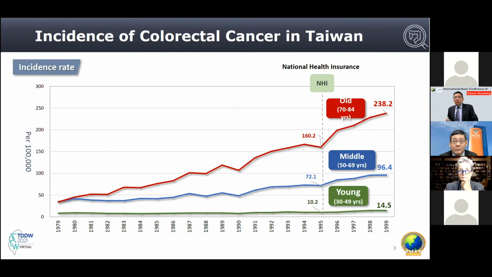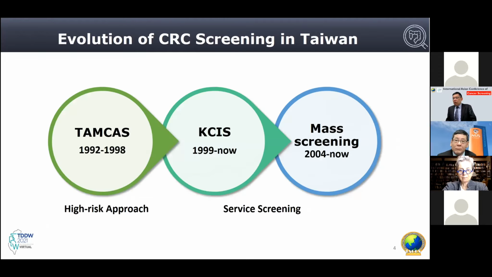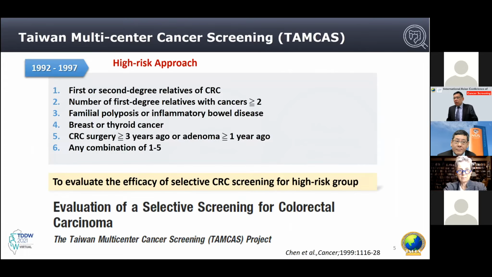So we faced this kind of disease burden, and we tried to use screening to control colorectal cancers. This is the evolution of our colorectal cancer screening programs, from a high-risk group approach in the beginning to mass screening programs in the community.